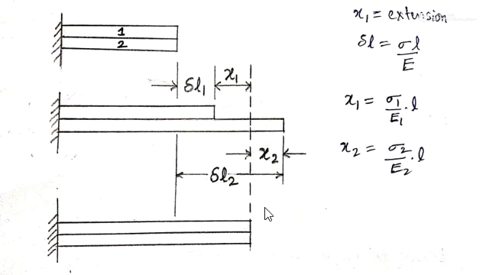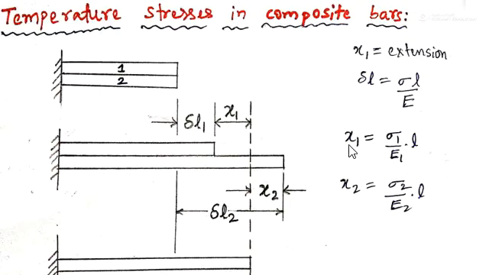So to get that, this will have an extra extension of x1, and this will have less extension by the amount of x2. So this bar 2 will apply tensile load on bar 1, and bar 1 will apply compressive load on bar 2. Anyway, the tensile load applied on bar 1 is equal to the compressive load applied on bar 2.